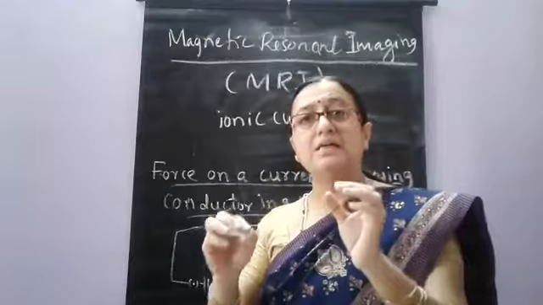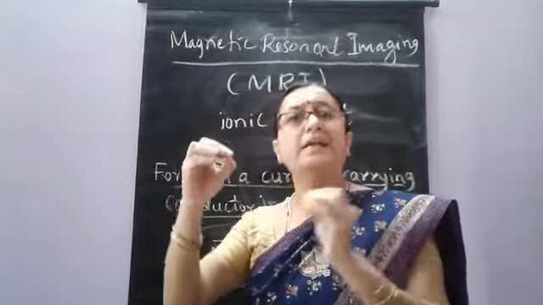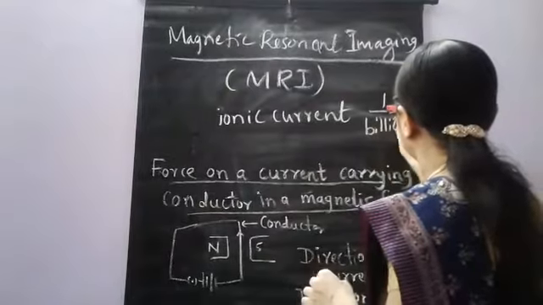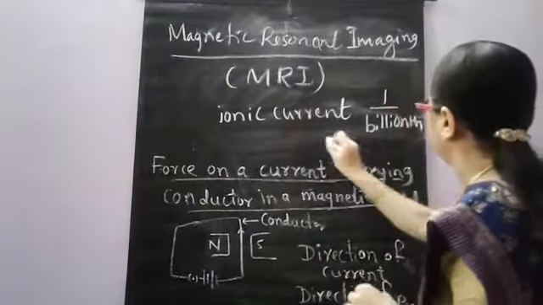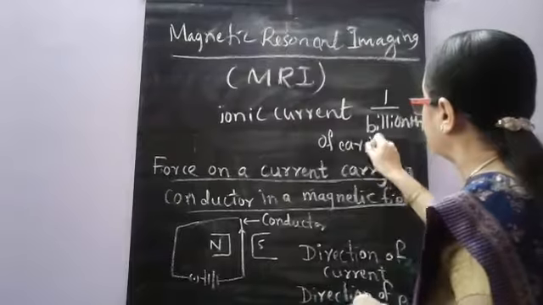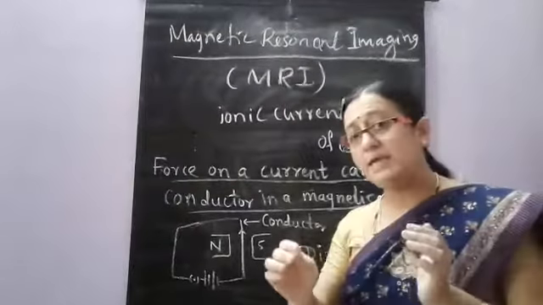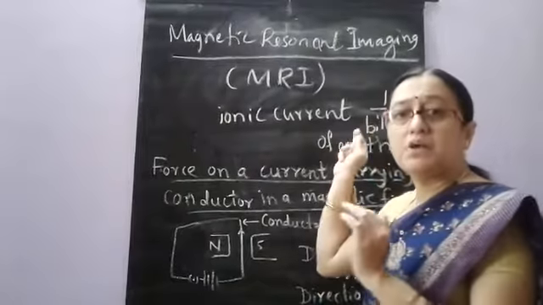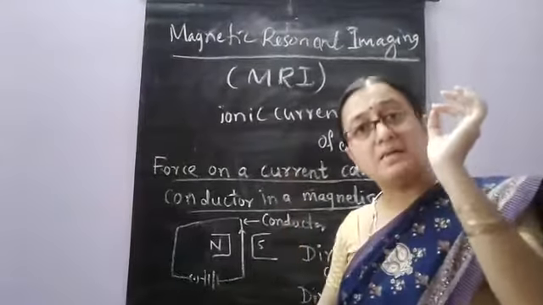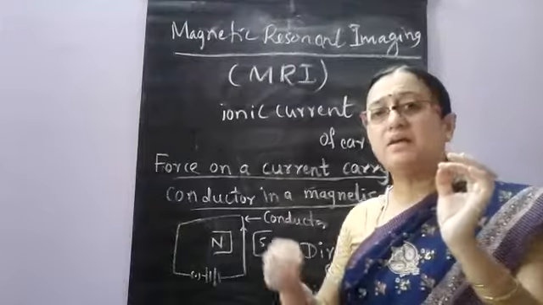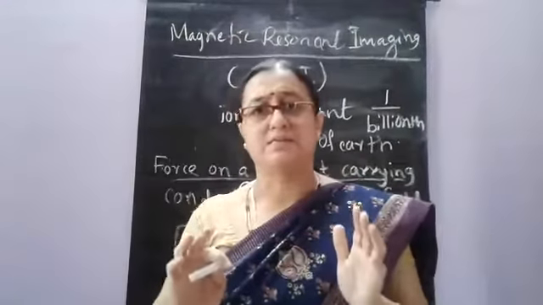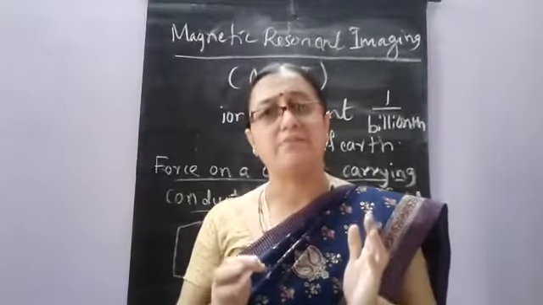These signals are very light, very delicate, and they are 1 billionth of the Earth's magnetic field. A magnetic field is created by Earth. That is why in our day-to-day activities, we don't feel these signals. They don't make any difference in our activities.